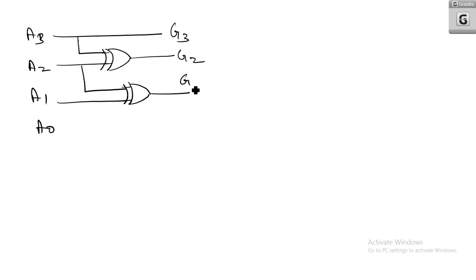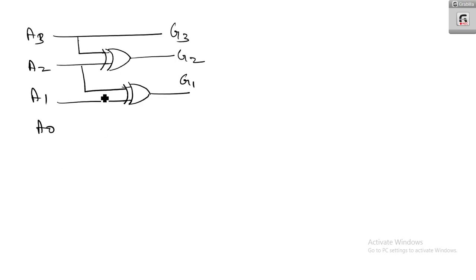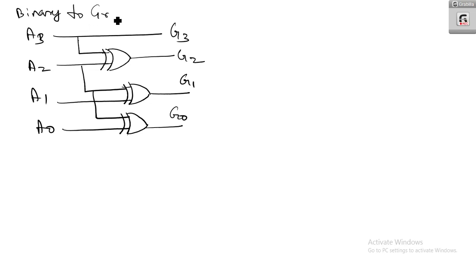So that is G1. Now G0 is A1 XOR A0. So that is basically G0. So this is basically a binary to gray code converter.